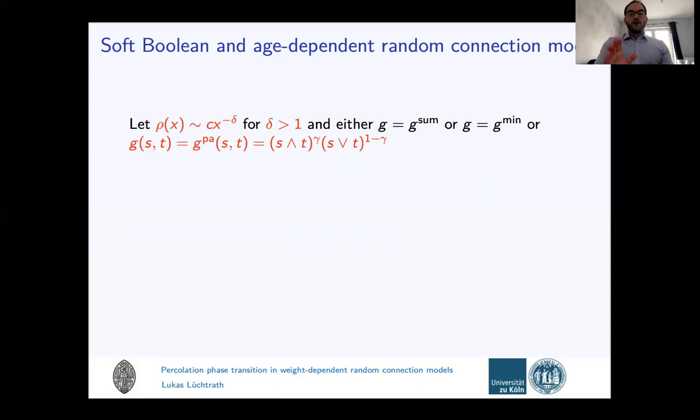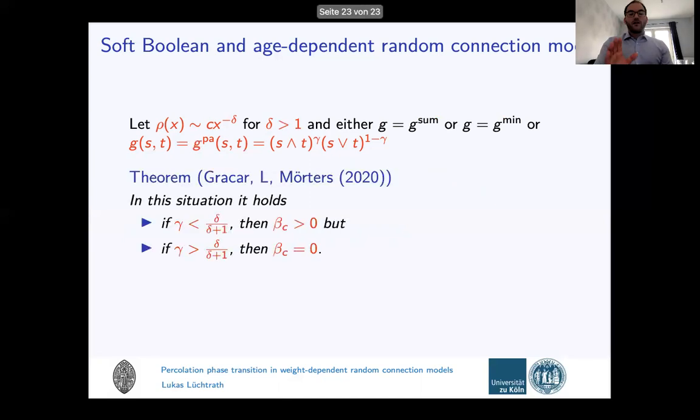If we take one of these two models, then Peter Gracar, Peter Mörters, and I have shown that we can indeed have a parameter regime where beta_c equals 0, namely if gamma is larger than delta divided by delta plus 1. But if it's not, then beta_c is larger than 0.